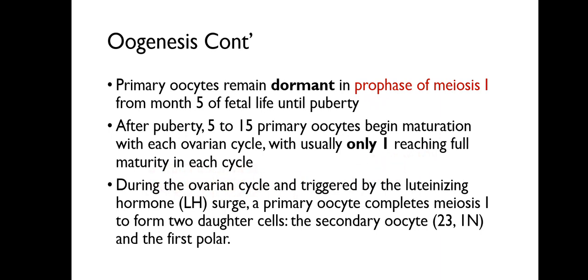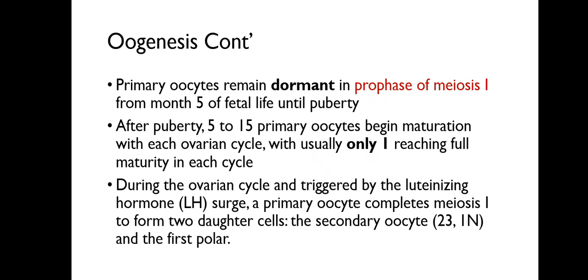Remember, a woman under normal circumstances must ovulate only one egg. That's why, in as much as 5 to 15 of them may begin maturation, only one is going to reach full maturity in each cycle. So every menstrual cycle, about 5 to 15 primary oocytes start that process, but only one of them reaches the final line. That you must know.